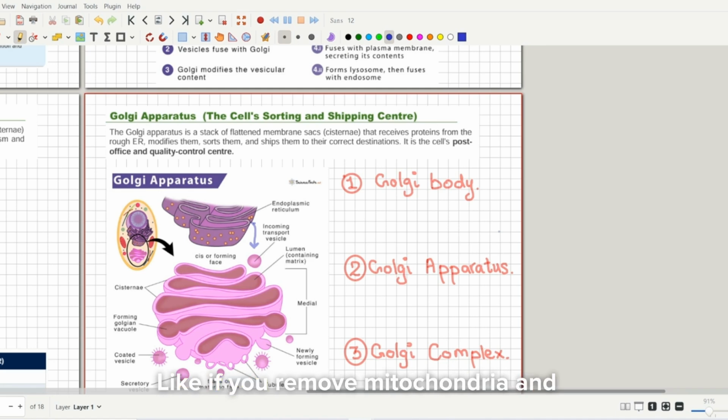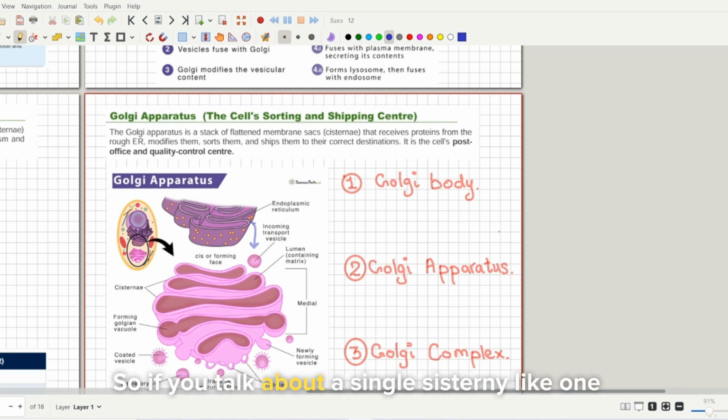If you remove mitochondria and chloroplast, all other single membrane organelles are formed by it. The endoplasmic reticulum buds off vesicles made up of proteins, lipids and phospholipids, and these vesicles combine together to form different structures, just like the Golgi apparatus. So the Golgi apparatus is also made up of cisternae that budded off from the endoplasmic reticulum.